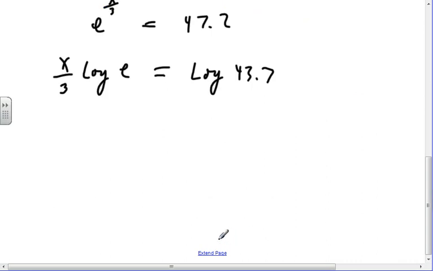Okay, now I need the common log of e. So I'm going to take the log of 2.718281828, because I remember that's what it is.